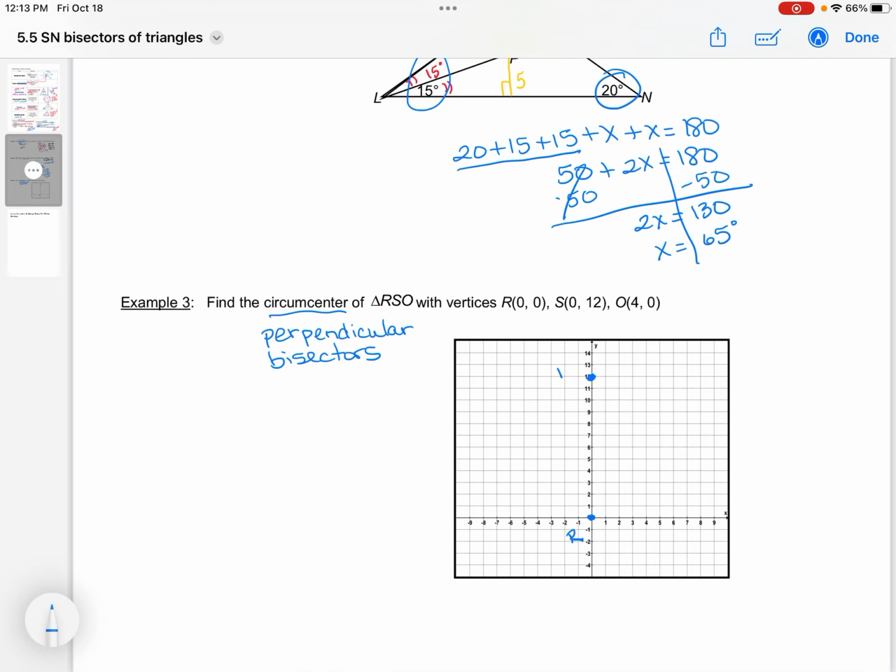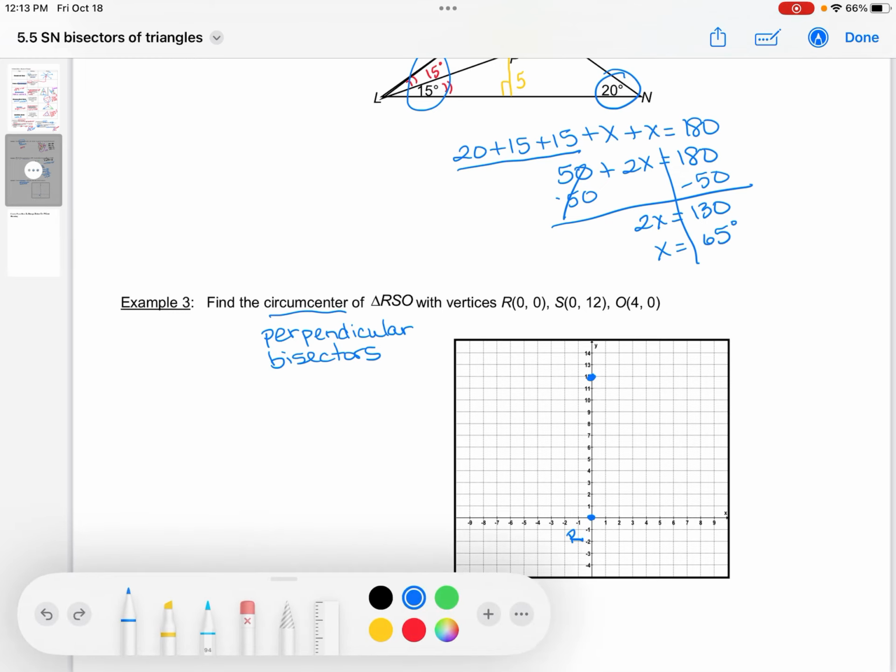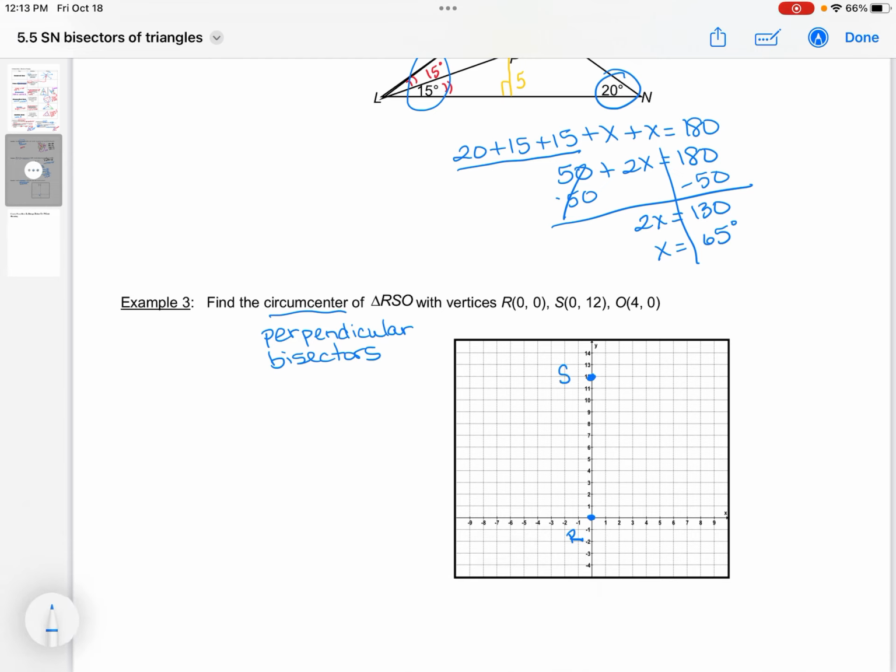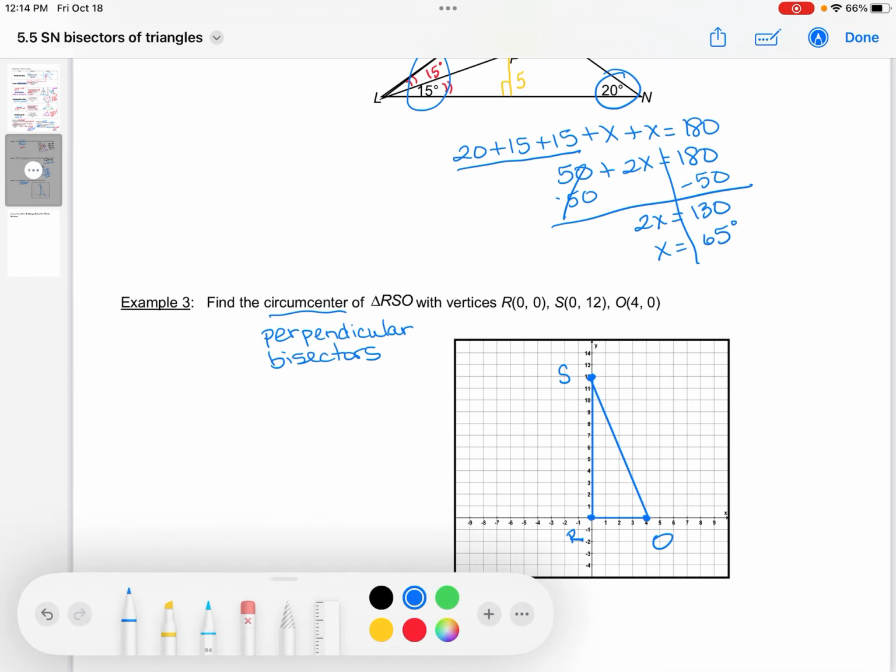S is at 0, 12. Oh, that's S. I almost put 12 and that wouldn't have made sense. And O is at 4, 0. Okay, so here's my triangle. Happens to be a right triangle.